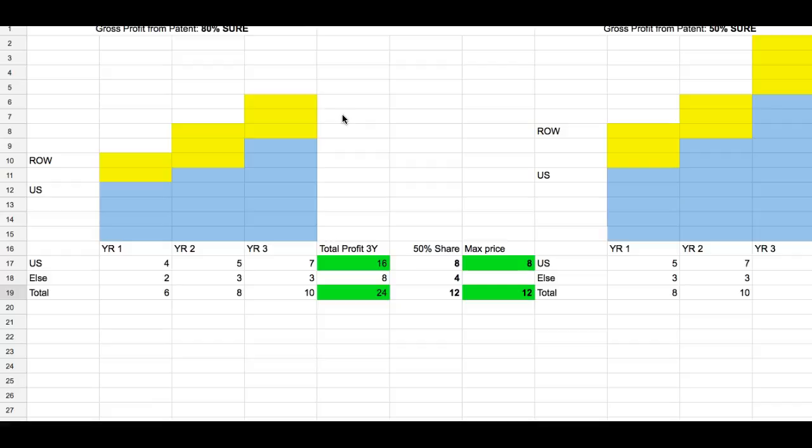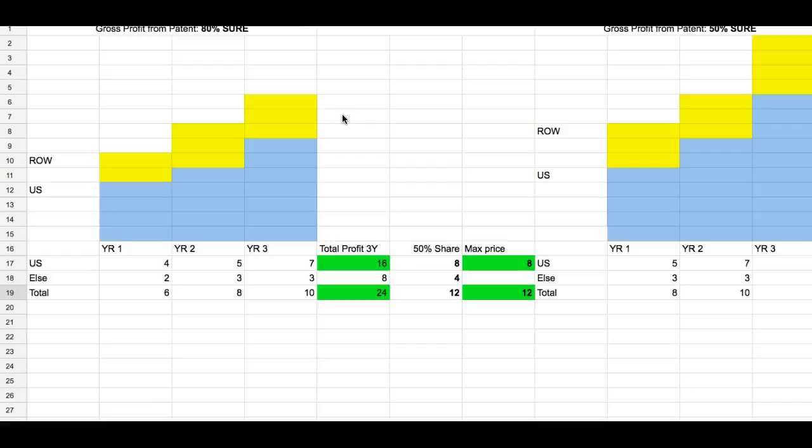You're comparing the cases. Where are they equal? I made it terribly difficult. Basically, what we are going to look for here is the break-even point between sharing the profit and setting a maximum price.